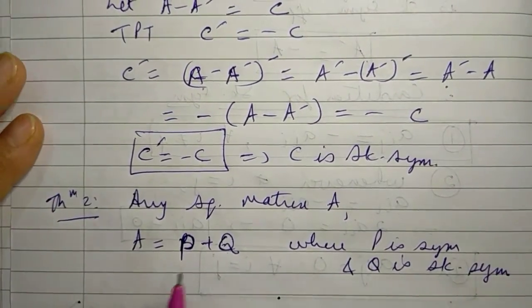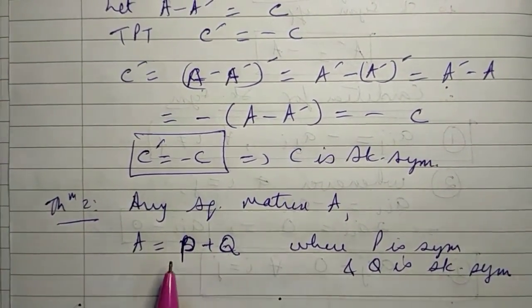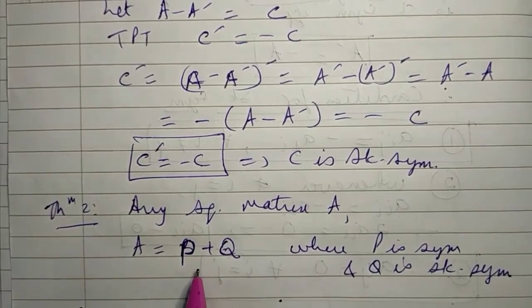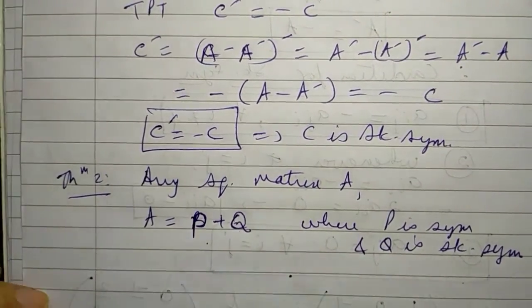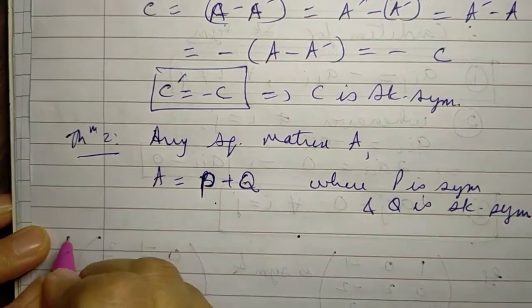So what are we required to prove? That given any square matrix A, we can write it as a sum of one skew symmetric and one symmetric matrix. So now the proof.